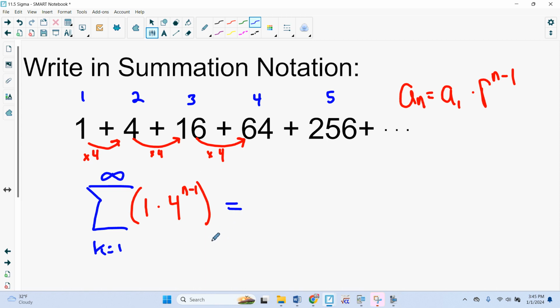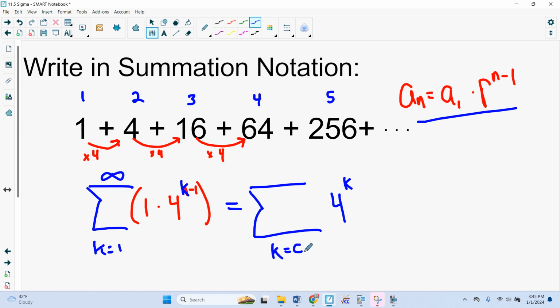Now, I do want to point out, many times there's multiple ways of doing this. Instead of using this formula, maybe we could just think about 4 to the k, and my k goes from 0 to infinity.